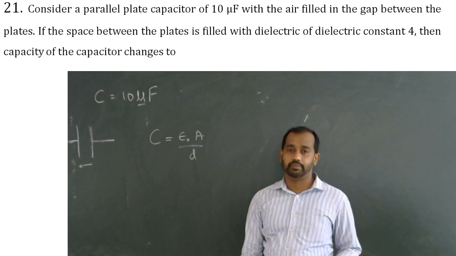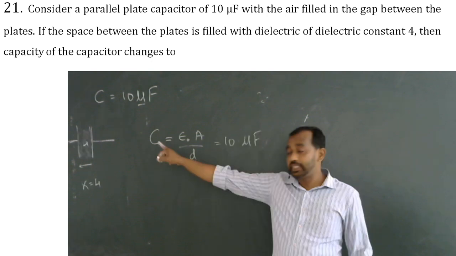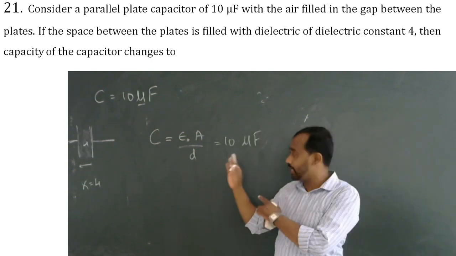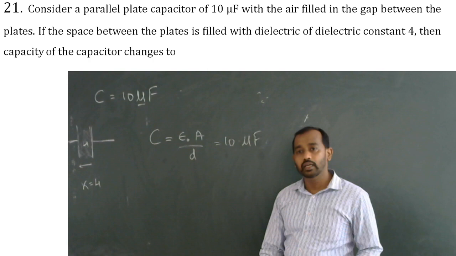So this value of capacitance is 10 microfarad. Then the space between the same capacitor is completely filled with a dielectric medium of dielectric constant 4. So here the value of K is 4. Now, for the same capacitor, without changing its geometrical configuration, we have completely filled it with a dielectric medium.